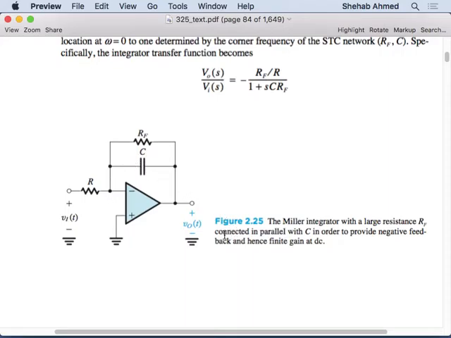For DC quantities, the output voltage will then be what? Yeah, the output is RF divided by R, 1 plus SC times RF, right? That's for the case where I have a resistor in parallel with the capacitor, right?